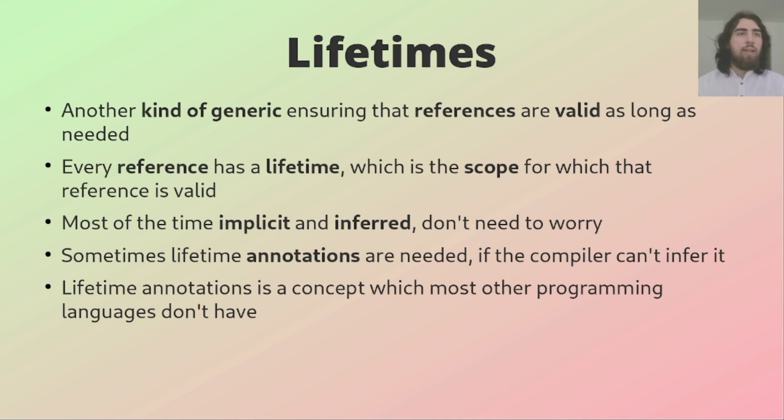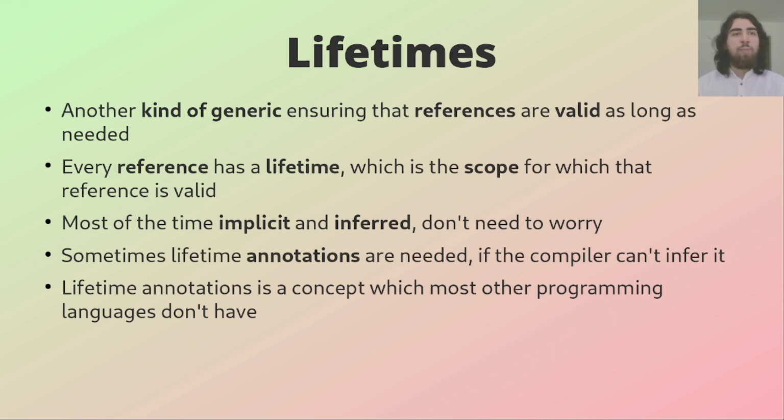So let's see. A lifetime is another kind of generic, ensuring that references are valid as long as needed. Every reference has a lifetime, which is the scope for which the reference is valid. Most of the time this is implicit and inferred, so we don't have to worry about it.